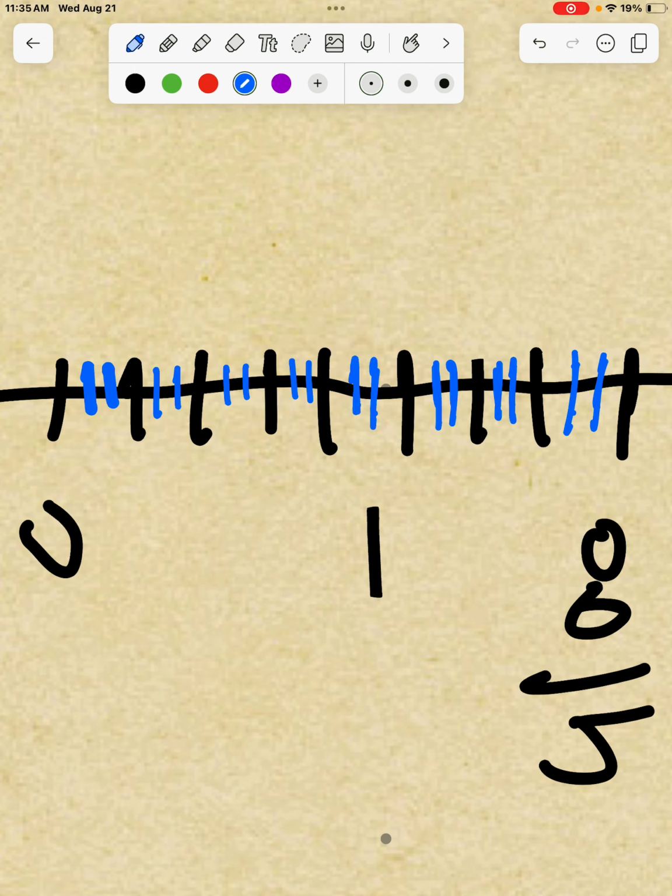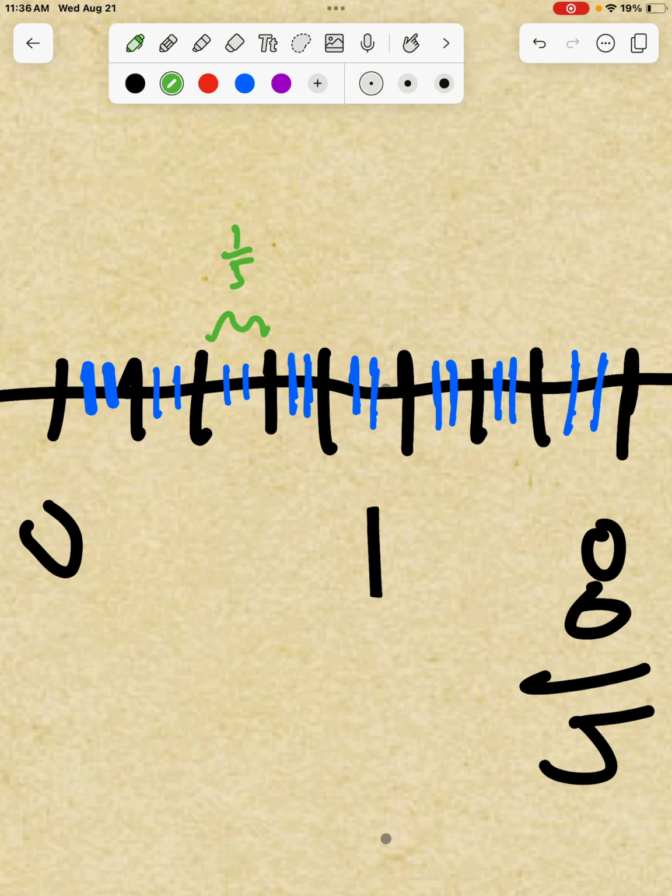How long is each of these shorter pieces? It's 1/15. Because each of these was 1/5. And when I divide it into 3 equal pieces, originally you need 5 1/5 to make 1, but since you divided each piece into 3 equal pieces, you need 3 times as many of these short segments to produce 1.